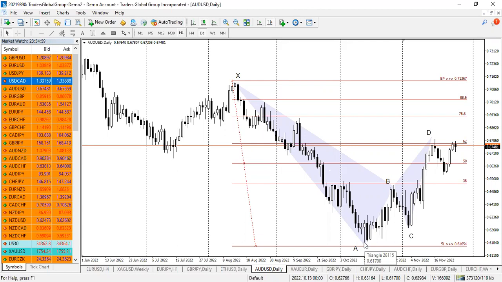It means for me to have a Gartley trade here, price must rise to 78.6 before I can get a Gartley connected to this high.